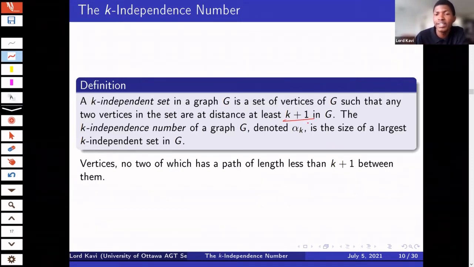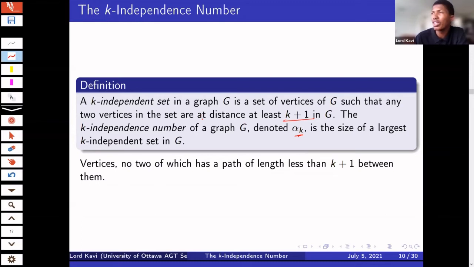So if you take any 2 vertices in the set, they are at distance at least k plus 1. Then that gives us a k-independent set. And the size of a largest k-independent set gives us the k-independence number, and we denote that by alpha k. Basically, in this set, there are no paths of length less than k plus 1 between any of these vertices.